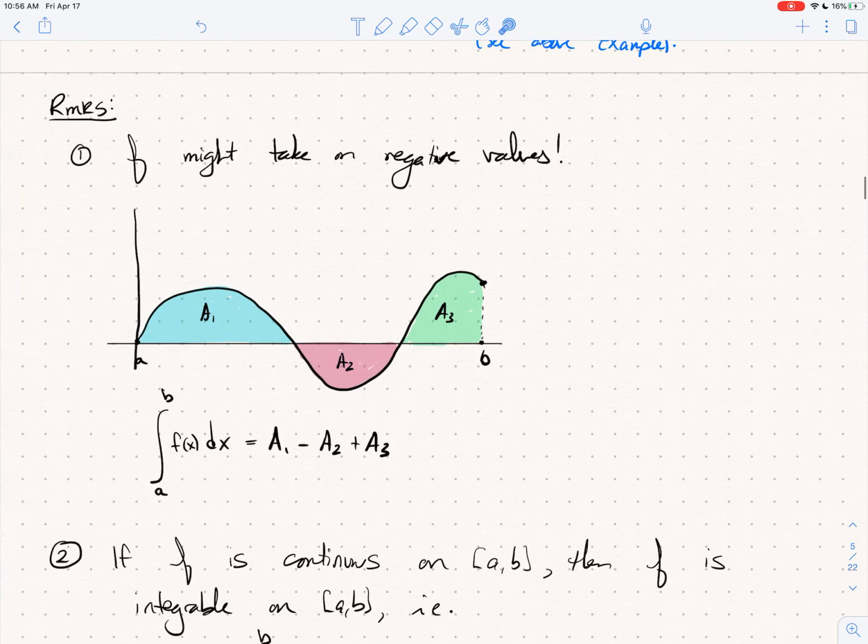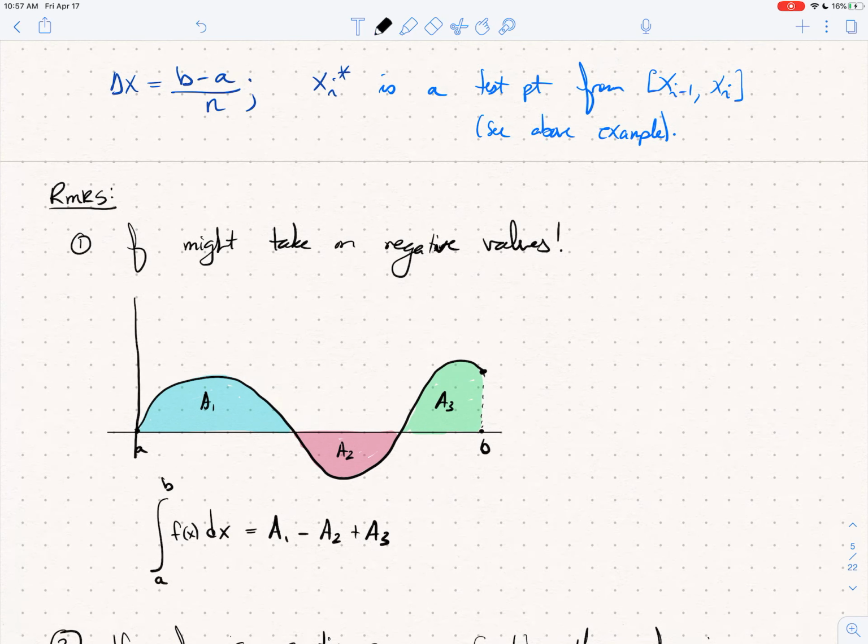And what does that mean for area? It means you can no longer interpret the integral from a to b of some function f of x dx as just area.